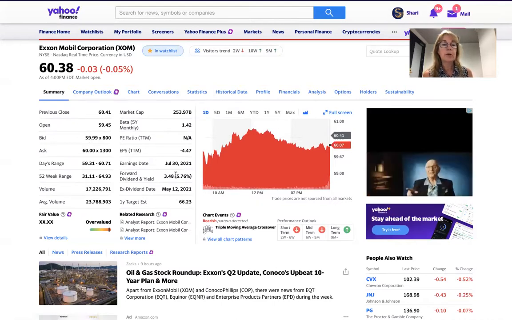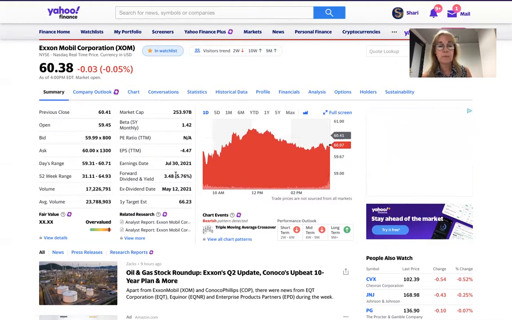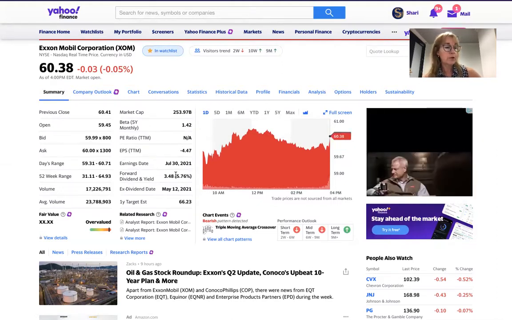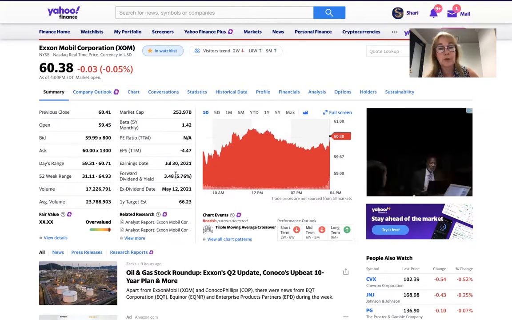So 10 plus 5.76, that's a 15.76% expected return. Okay, so my expected return on ExxonMobil is 15.76%. The required return is 15.78%. So that's pretty much the same there.